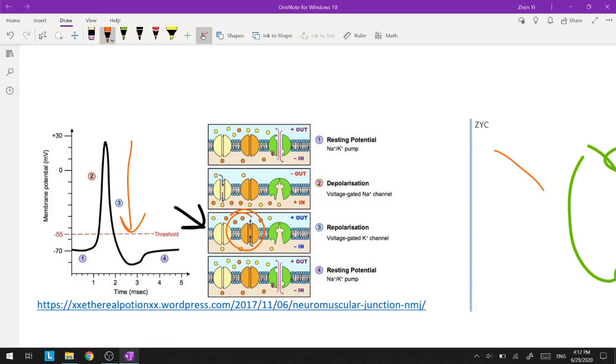The final phase is where the region of the cytoplasm restores itself, which can be seen in the graph here, in a fixed phase of repolarization. It repolarizes itself back to normal and cannot be stimulated by anything during this very short period of time.